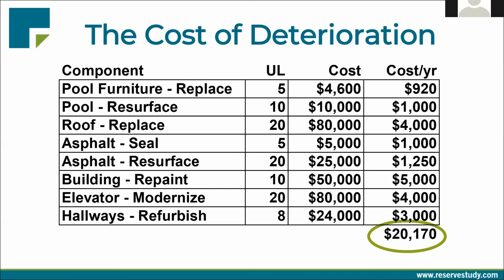The ongoing cost of deterioration of your common area components is just as real as any other bill the association faces, and no one has the magic to lower those contributions below what is needed. There is no magic solution. Over the long term, if you don't make contributions equal to your cost of deterioration, you run your association right into a wall that we call special assessment land.